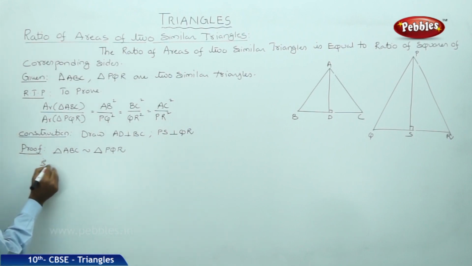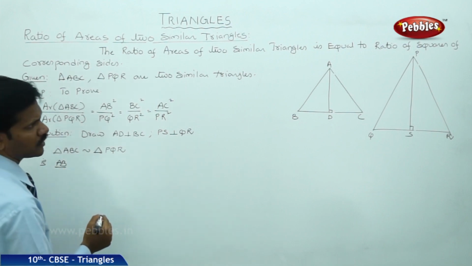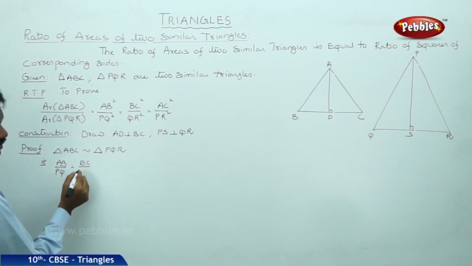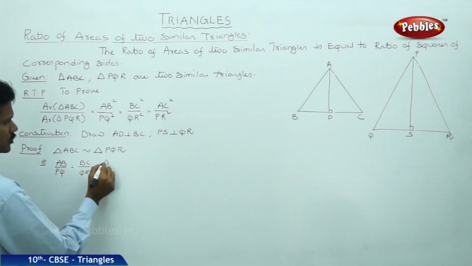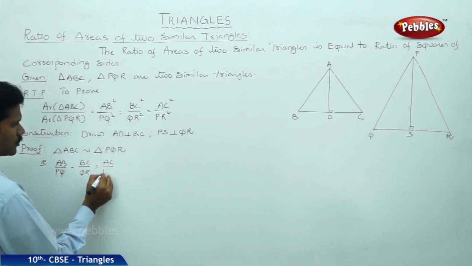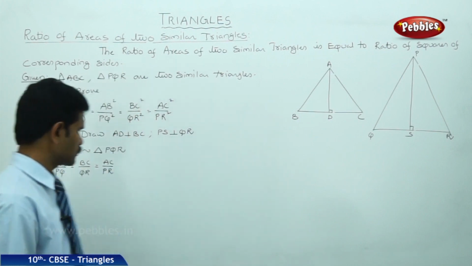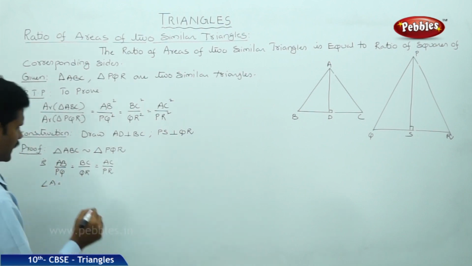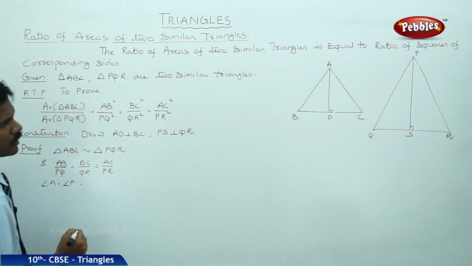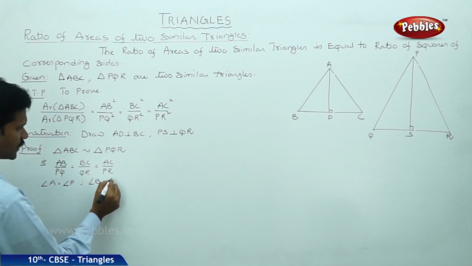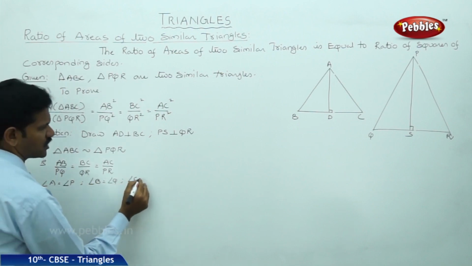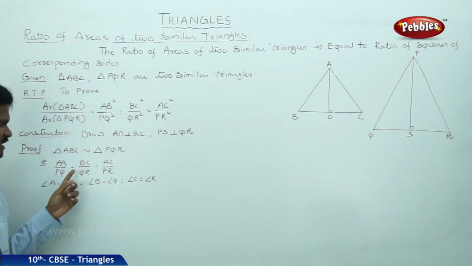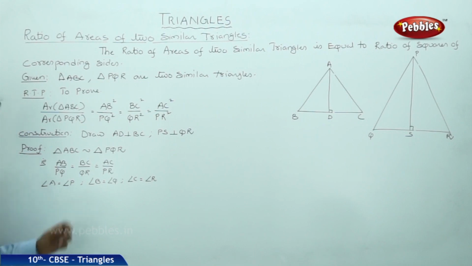That is, AB by PQ is equal to BC by QR equal to AC by PR, and angle A equal to angle P, angle B equal to angle Q, angle C equal to angle R.